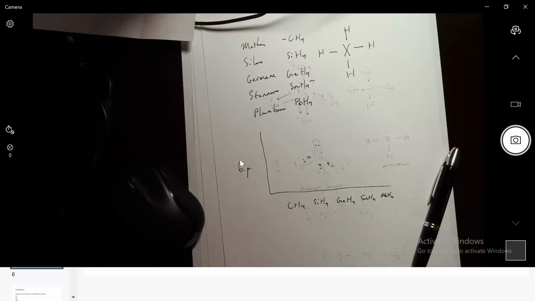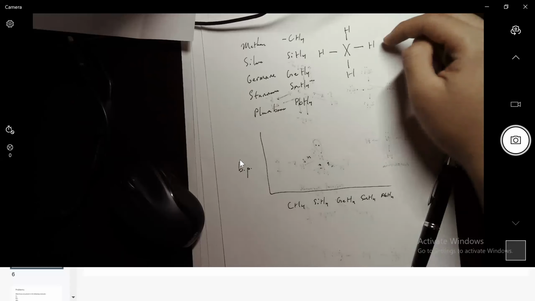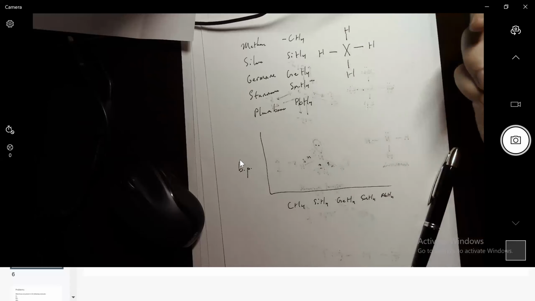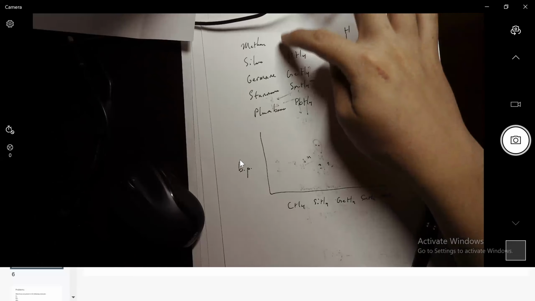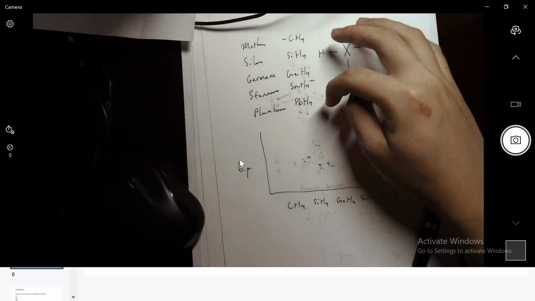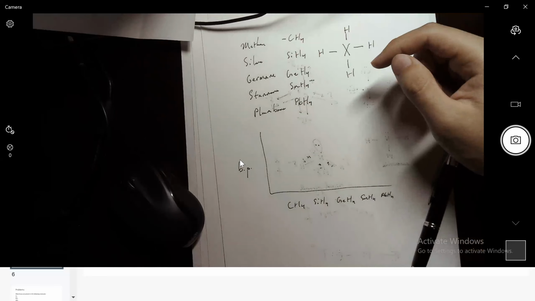Right. So we don't see any significant dipole forces, because all of the dipoles cancel out anyway, because they're all in opposite directions. Furthermore, we don't see any hydrogen bonding, since none of these are super electronegative elements, and there's no lone pairs, right? We don't have any hydrogen bond acceptors.